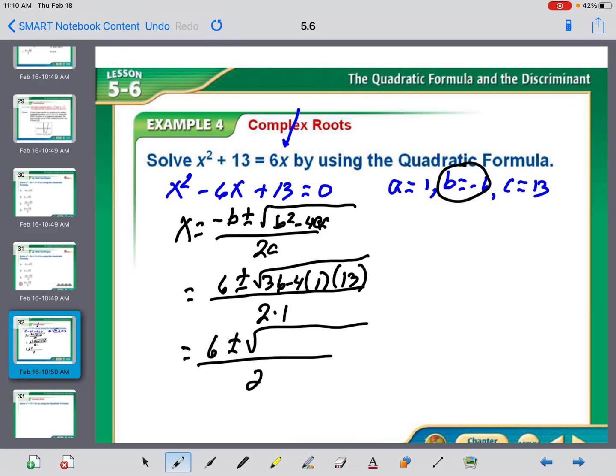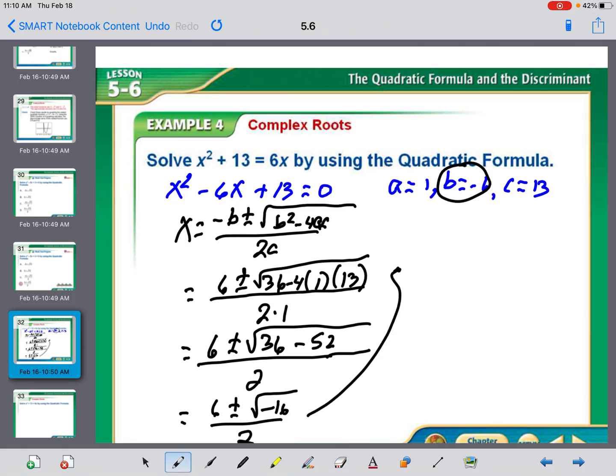So that's 6 plus or minus the square root of, and here we get 36 minus 4 times 13, which is 52, so the square root of -16, all over 2. That's why we've got this complex root thing up here. As I bring this over here, that's 6 plus or minus 4i: the i because of the negative, the 4 because of the square root of 16.